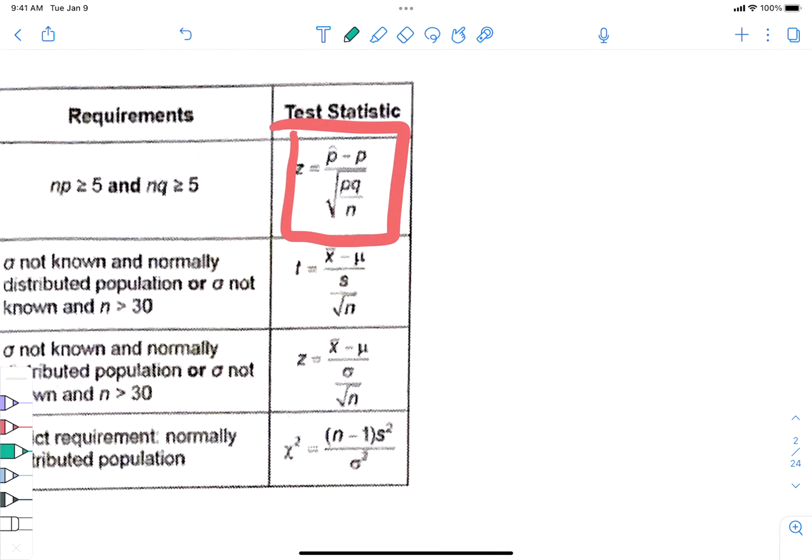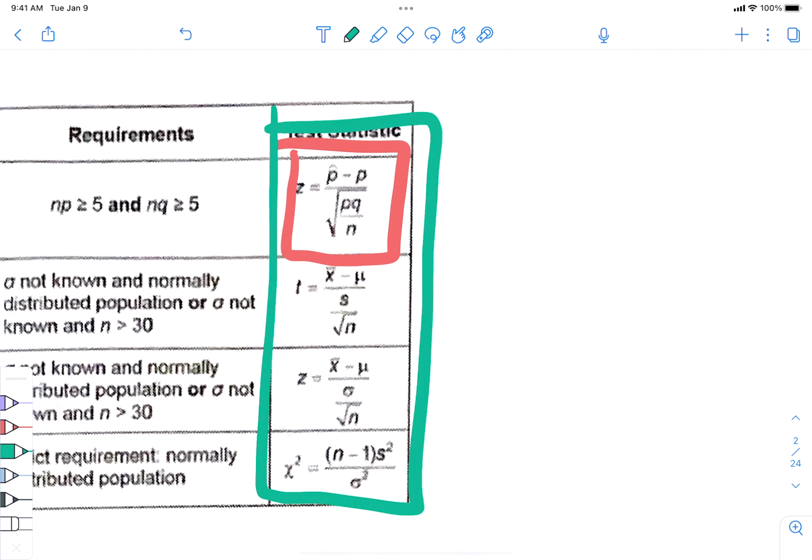Use this information to figure out what your test statistic looks like. You're just plugging numbers in and solving for the test statistic.